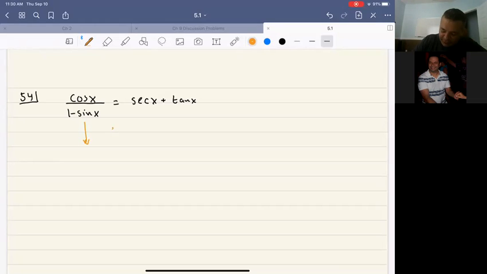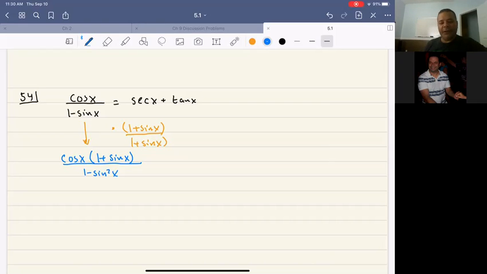I'm gonna multiply by 1 plus sine x over 1 plus sine x on the top and bottom. Okay, so I'm gonna get cosine x times 1 plus sine x over, now on the denominator, 1 minus sine squared of x. Okay, but 1 minus sine squared is cosine squared.